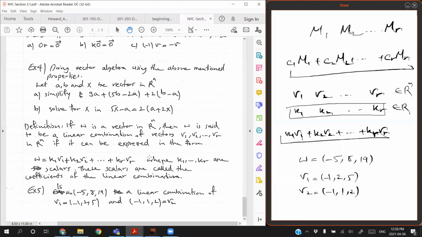The question is, is W a linear combination of V1 and V2? In other words, can I find K1 and K2 so that K1 times V1 plus K2 times V2 is equal to W? I'm going to give you a couple of minutes to think about how to lay it out, how to try to solve this problem.